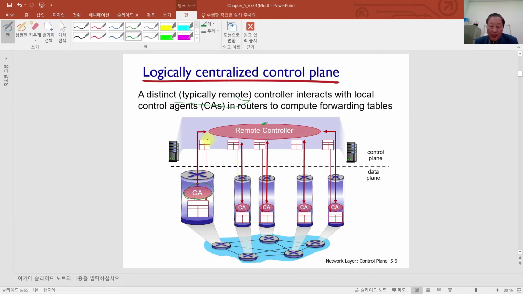Here, this can be centralized logically. Thus, this is called the logically centralized control plane. And it interacts with this control agent to update this table.